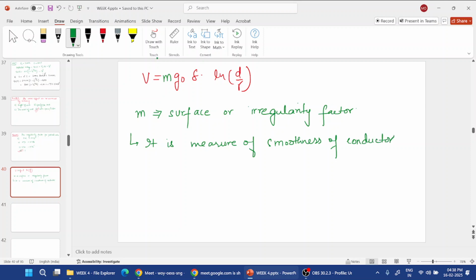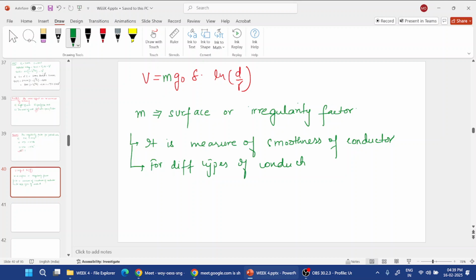For different types of conductor, its value is different.